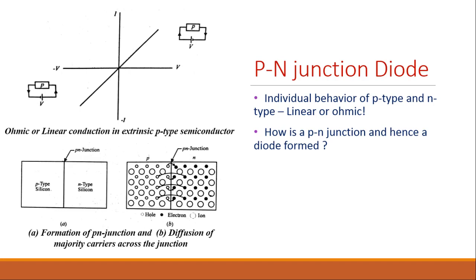The N region consists of a large number of free electrons, which are shown by the filled circles, a small number of holes, and a large number of immobile positive donor ions. Both the blocks are electrically neutral as the charges of the ions are neutralized by majority carriers.